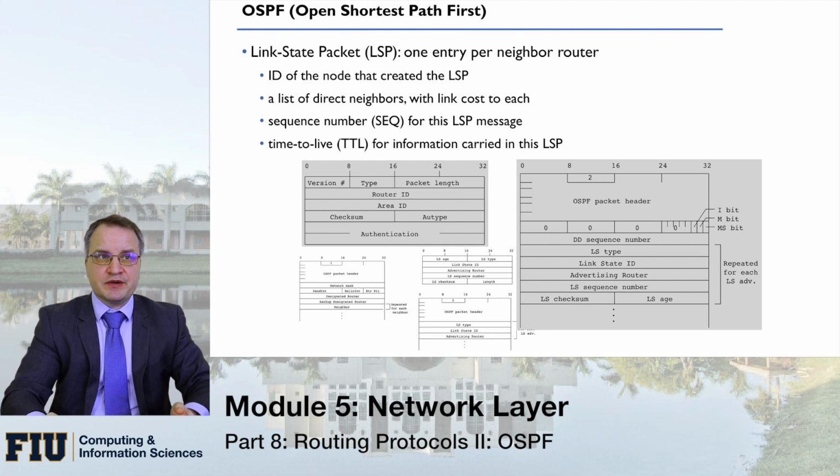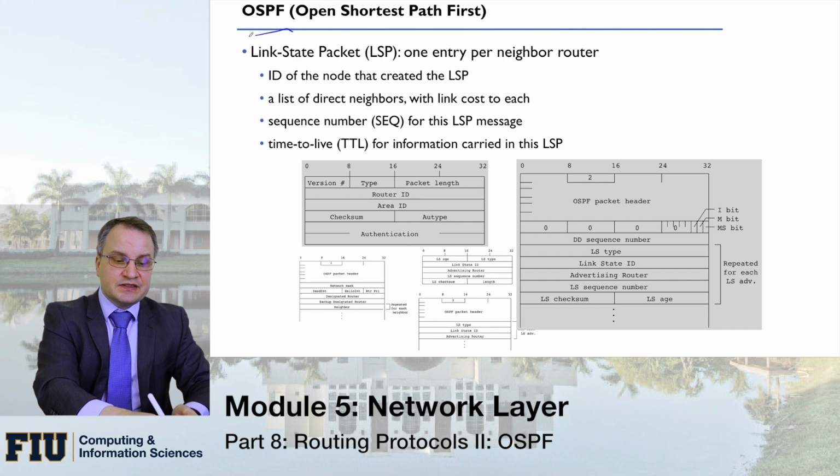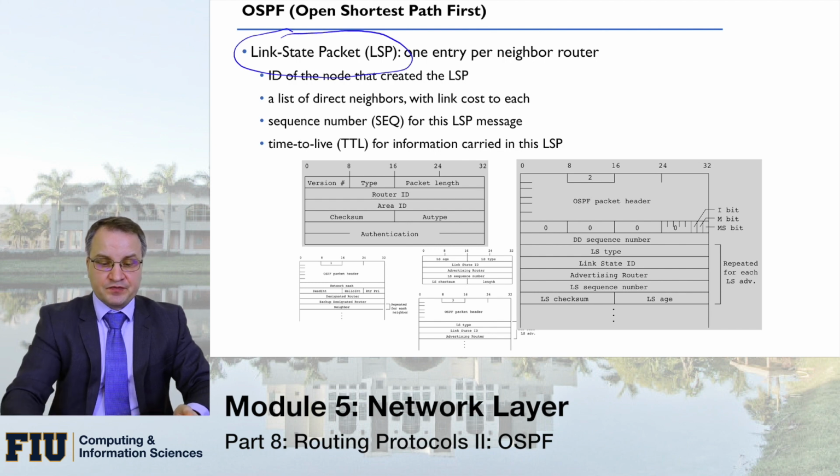What's important to remember is the fact that all the updates that you're sending about your topology, about what you're advertising, are done in terms of so-called link state packets, or LSPs. And all those LSPs have a very important property. They have a sequence number and an identifier of you.